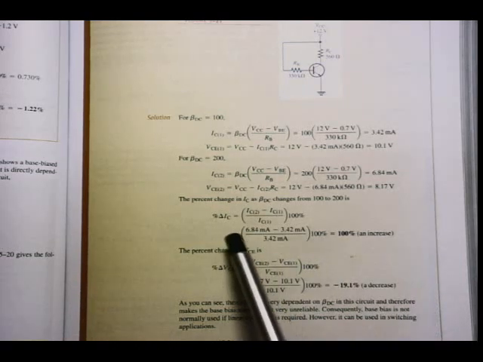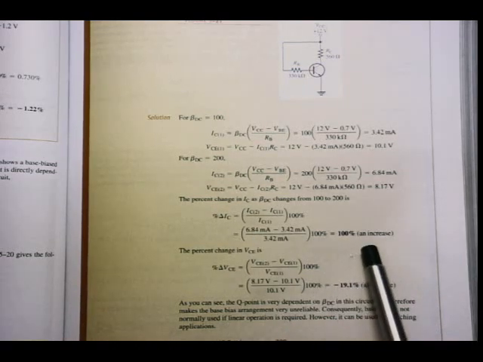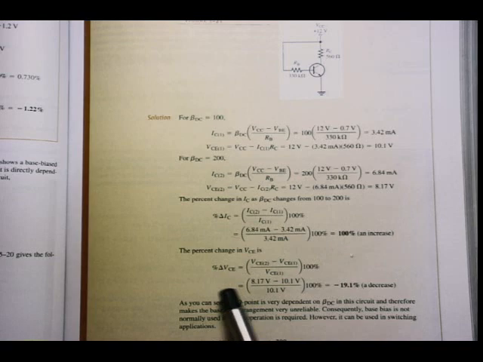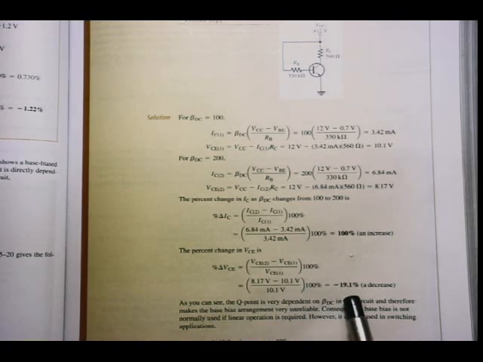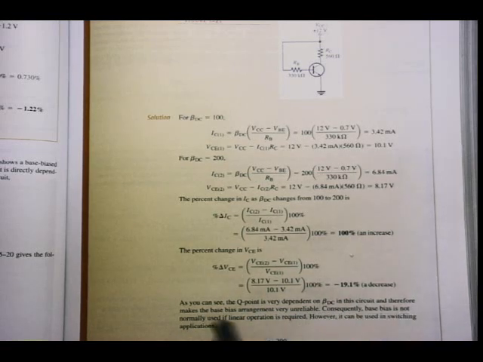So I can see then the change in collector current, there's a 100% change in collector current between those two. So you can imagine what happens to your Q point. The percentage change in VCE is minus 19.1%. So as you can see, the Q point is very dependent on beta DC in this circuit, and therefore makes the base bias arrangement very unstable.